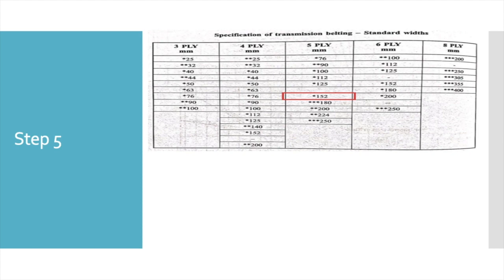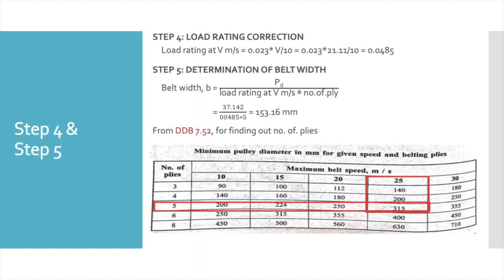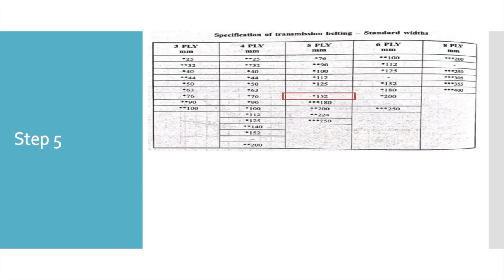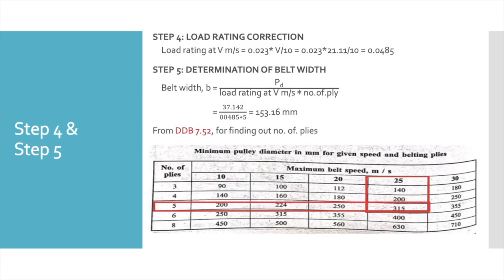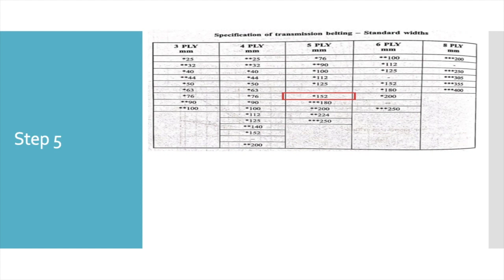And on the same page, design data book 7.52, you can also see this table. The value of belt width we found is 153.16 mm, which is not a standard value, and we are going to find the standard value in this table. We can see the number of plies listed, and for each ply there are standard belt widths.